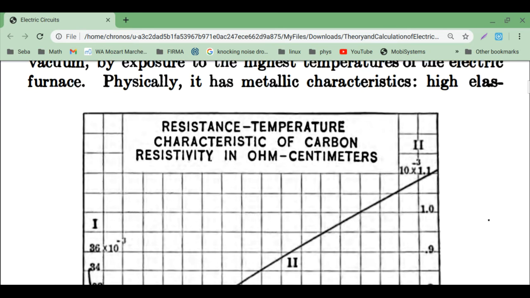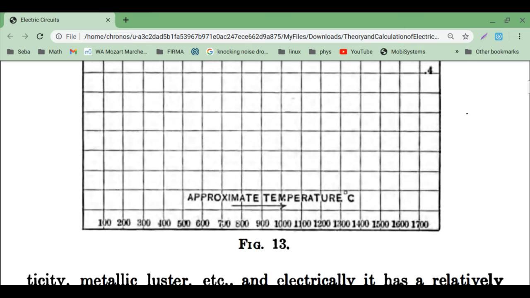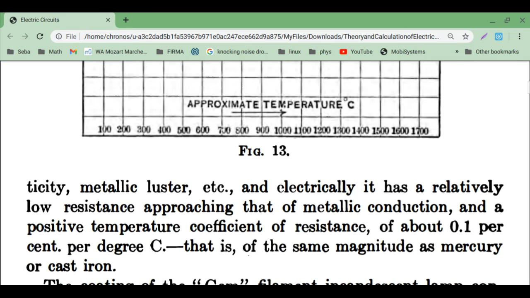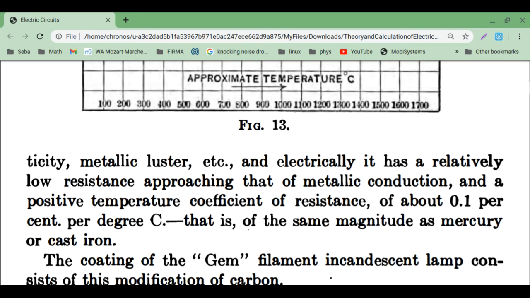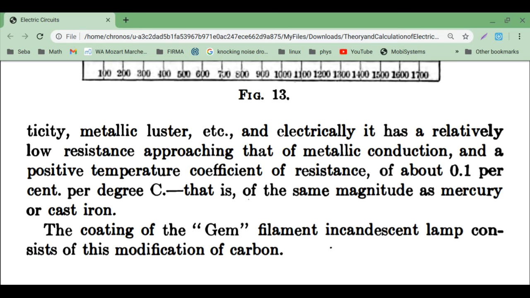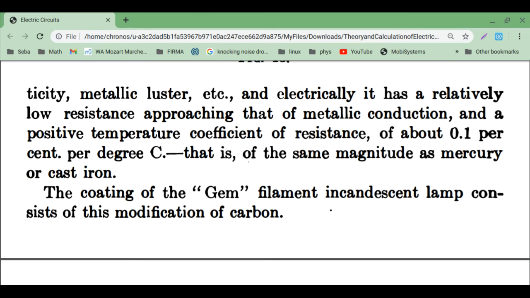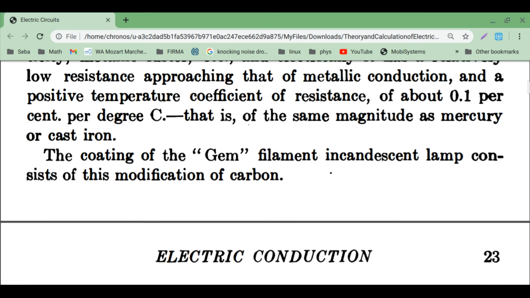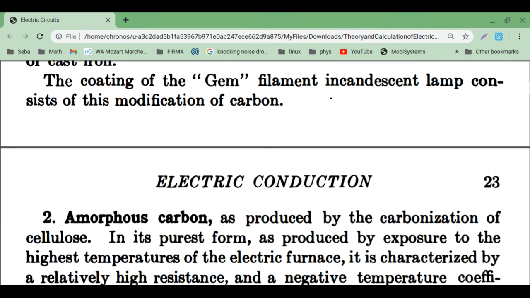Physically, it has metallic characteristics, high elasticity, metallic luster, etc. And electrically, it has a relatively low resistance approaching that of metallic conduction and a positive temperature coefficient of resistance of about 0.1% per degree Celsius, that is, of the same magnitude as mercury or cast iron. The coating of the GEM filament incandescent lamp consists of this modification of carbon.